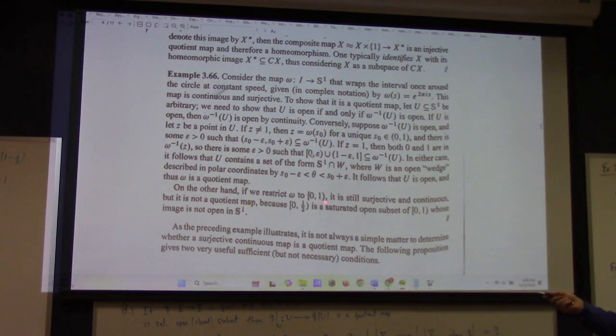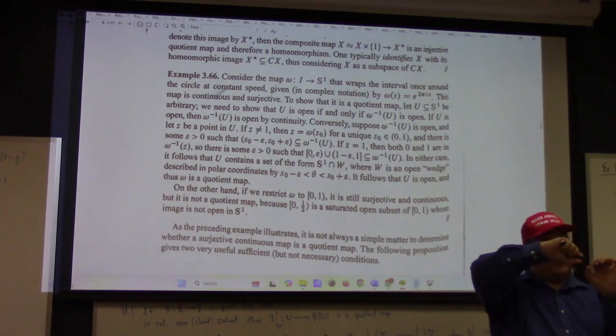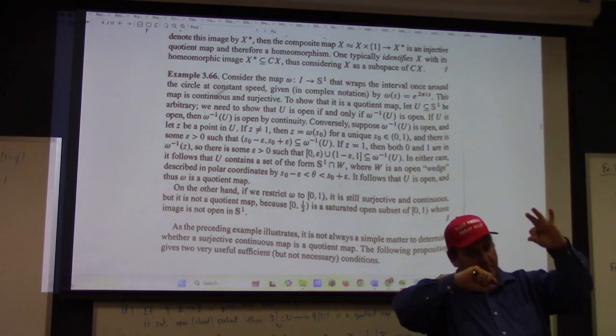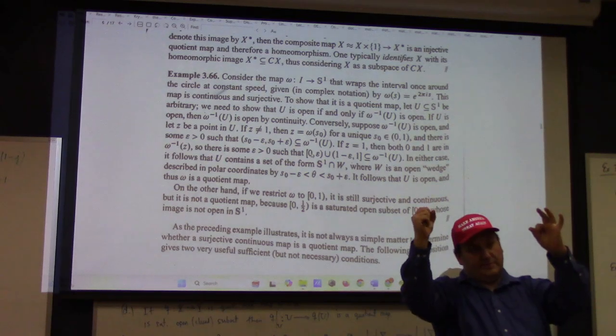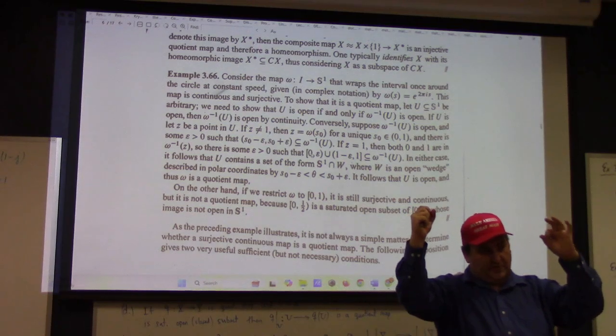Now here he's thrown out the 1, and that spoils it, because if you do that, then it's surjective and continuous, but it's not a quotient map, because if you look at [0, 1/2), it's a saturated open subset of [0, 1), but the image is not open in S1. The reason this is not open in S1 is that it would give you a subset of the circle that has a filled in point 1, and then it goes over and gives you an open other side, right? That's not an open subset of the circle.